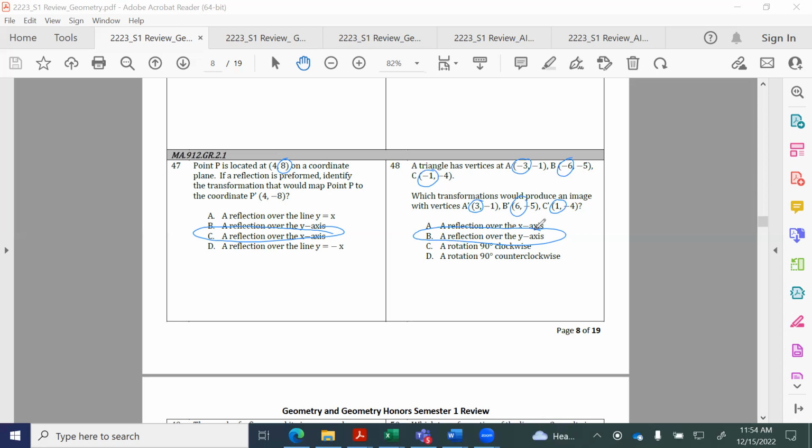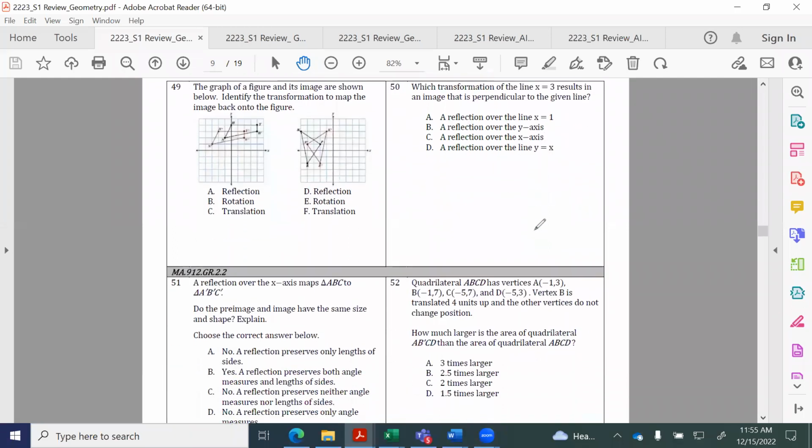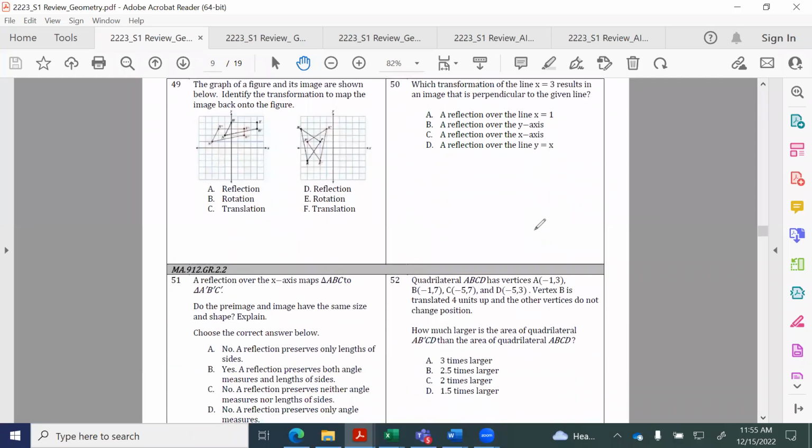We good on 48? All right, let's go to 49, next page. All right, on 49, the graph of a figure and its image are shown below.